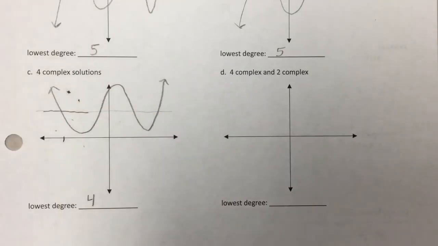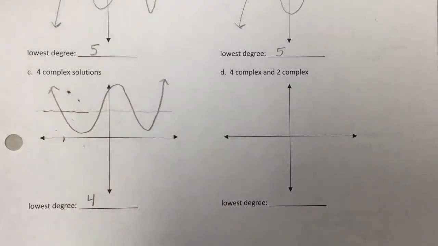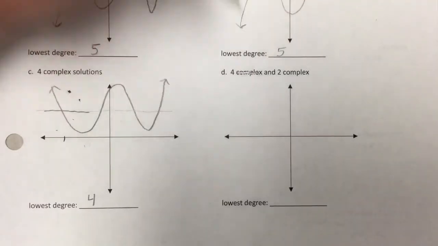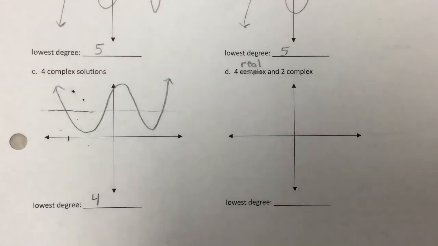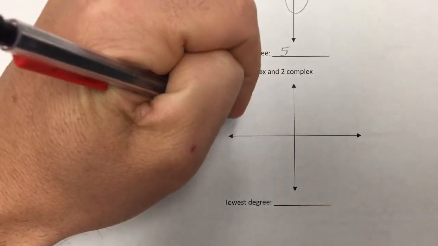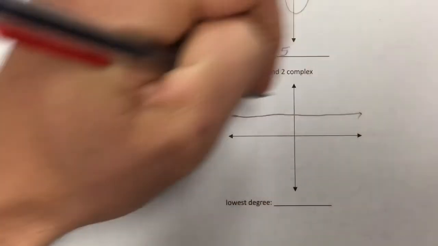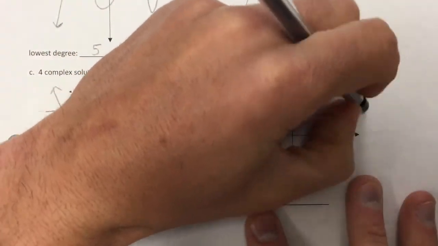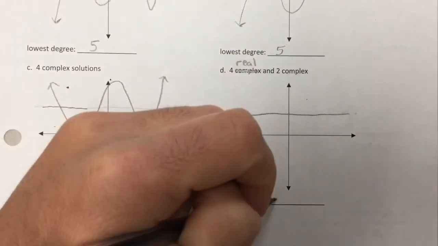And the last one, 4 complex and 2, sorry. So 4 complex and 2 real, or we'll do real first. That's a mistake on my part. We'll do 4 real and 2 complex. So we have to think about our end behaviors here, so that if that's my imaginary axis here, I'm going to start up top because it's going to be a degree of 6.